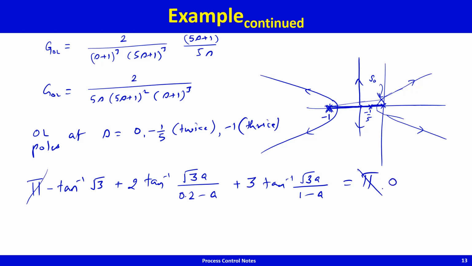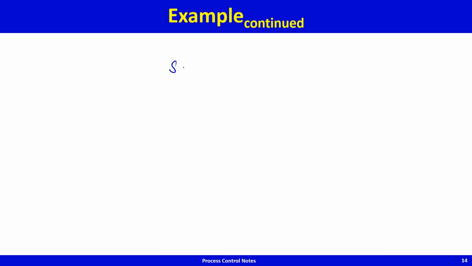It's a non-linear equation in a, and you can get a by solving this iteratively, and I've done the solution which will follow later. And once you have a, then I know that s naught equal to minus a plus square root 3 a j lies on the root locus, and that's the point that we are looking for.